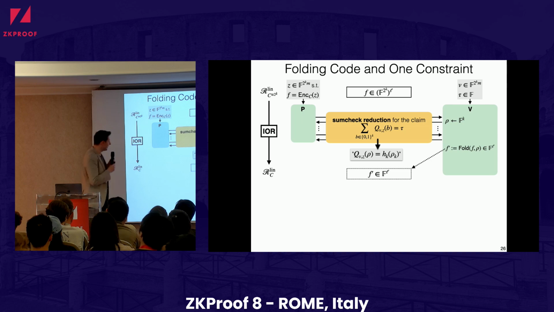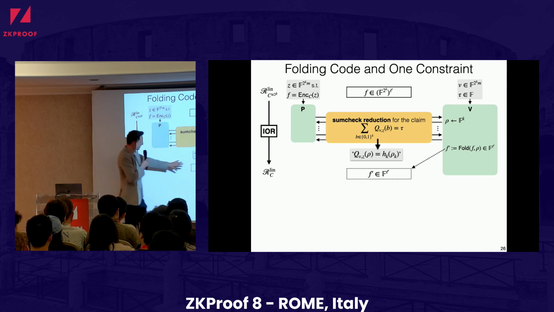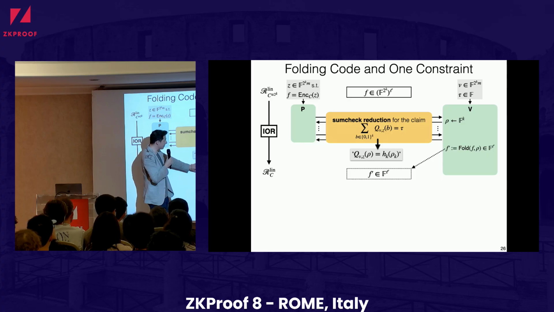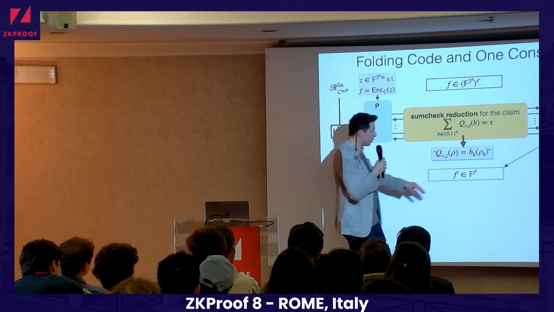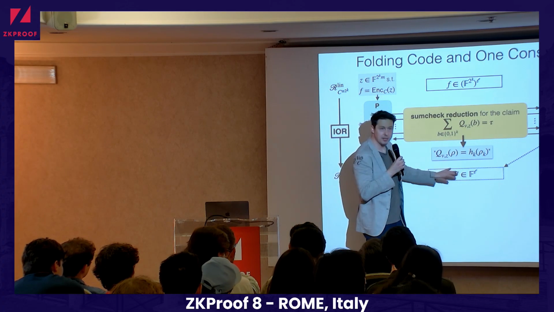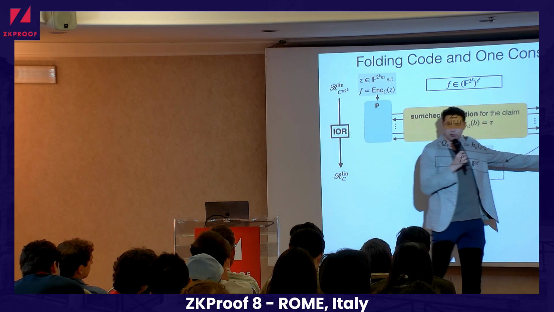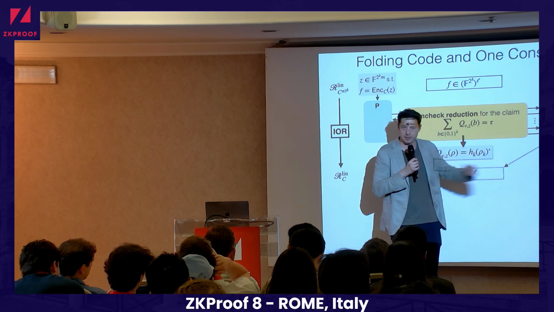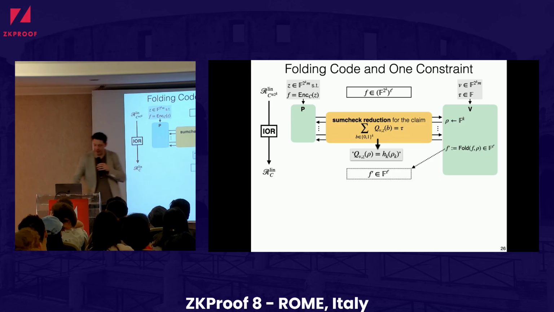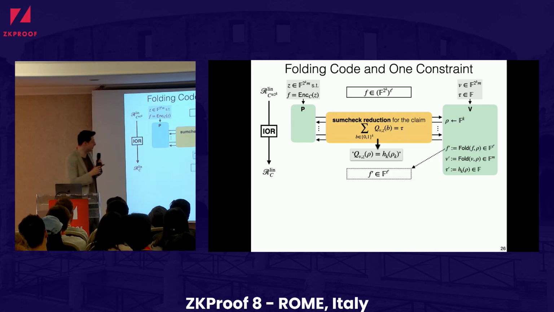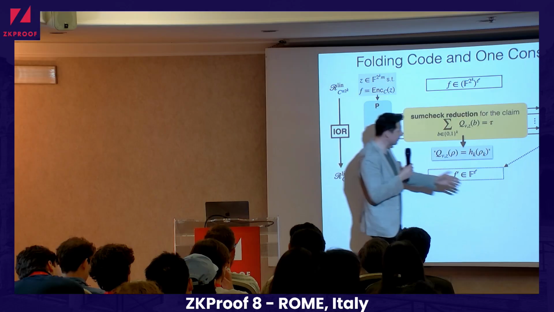If we go back, this one I can define as the new virtual oracle. Why does it make sense to consider this one? Because remember that folding commutes with encoding. So if I'm folding the encoding, it's tantamount to folding the underlying message, right? Therefore, it makes sense for me to define the coefficient vector on the target this way.